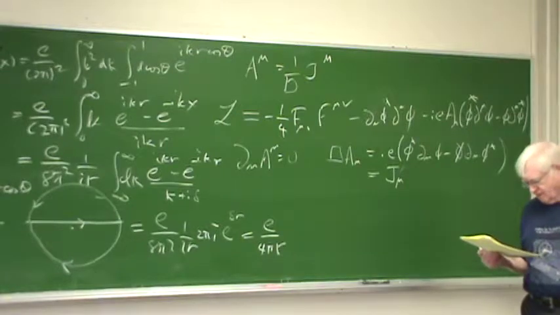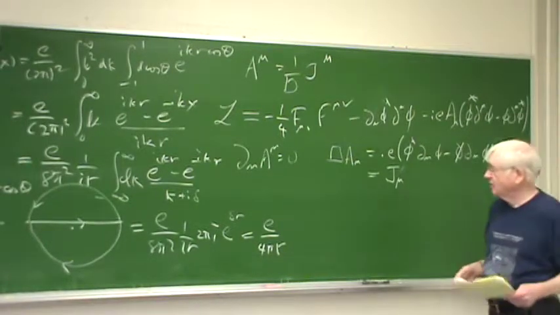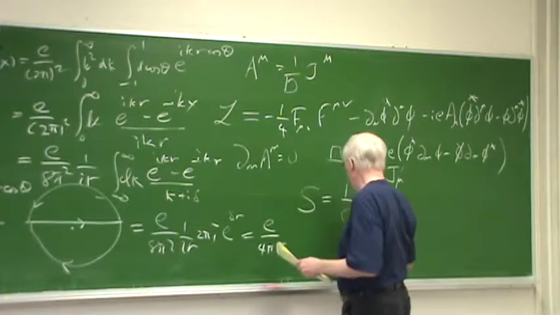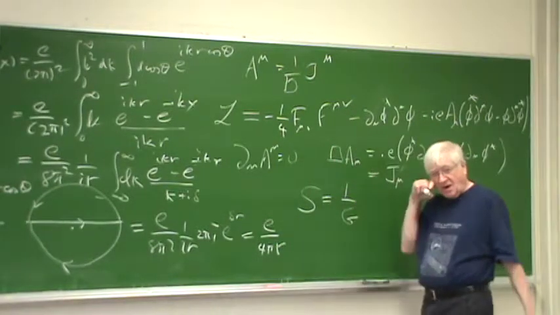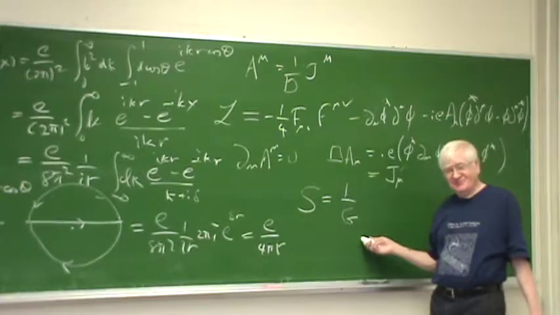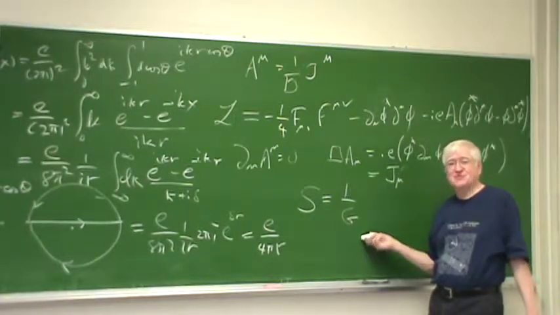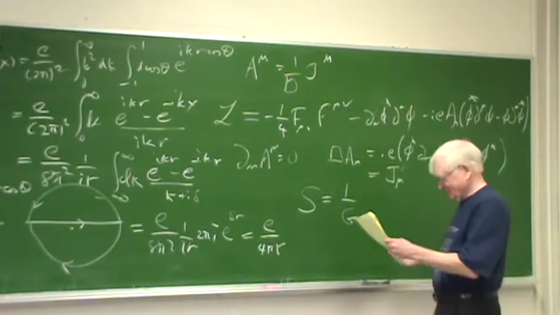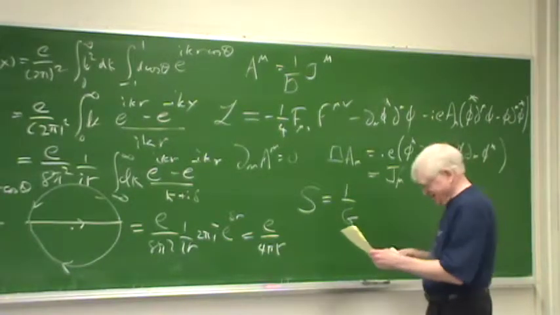All right. What does gravity look like? Well, for gravity, the action is something like this: 1 over Newton's constant. And now I'm using not simply natural units, but units where 2 pi and h-bar are equal to 1 as well.